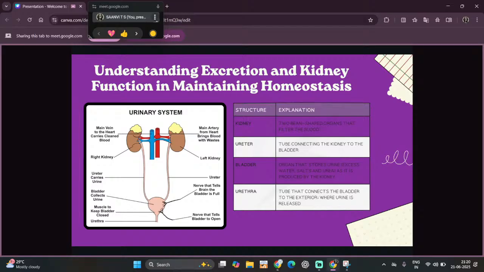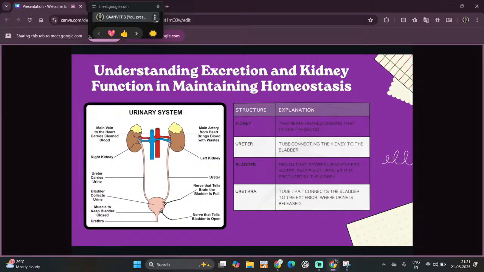Followed by this, we have the ureter, which is a tube that connects the kidney to the bladder. After filtration, the waste products, which eventually become the urine, are transferred from the kidney to the urinary bladder by the ureter. This urine is then stored in the urinary bladder.